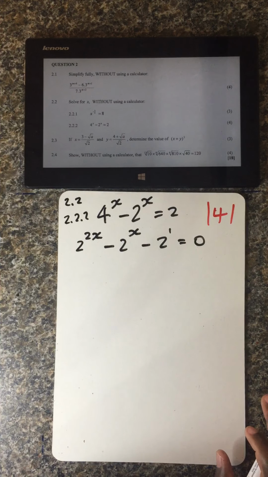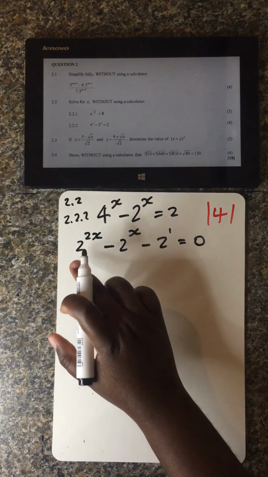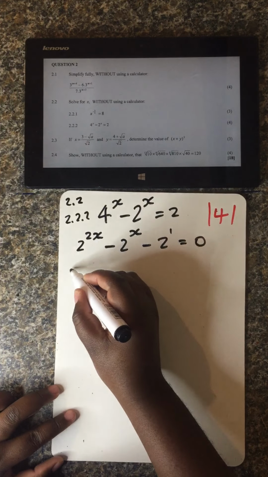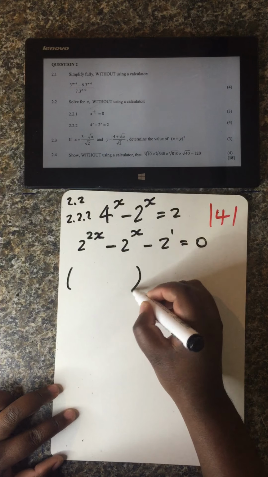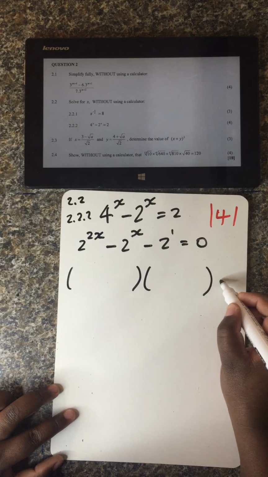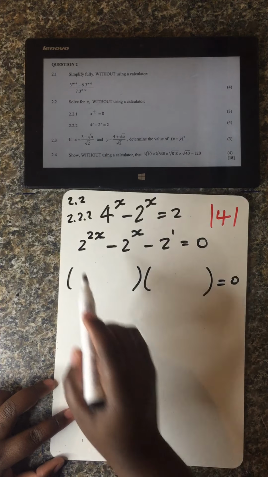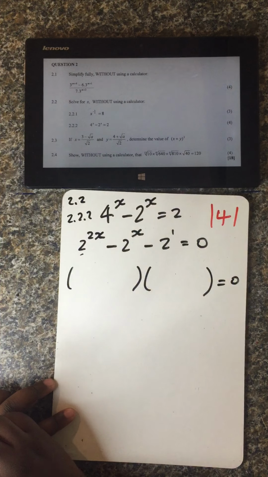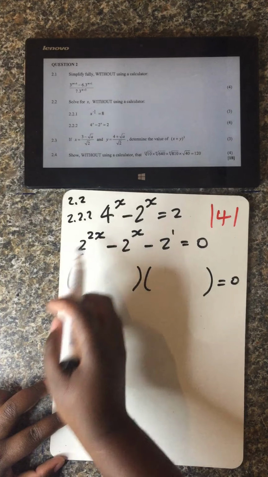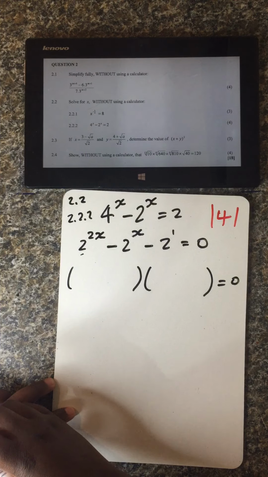It seems like we are now at that stage where we can try to factorize. But what matters the most in this case, you must make sure that whatever factors you get, they must take you back to that equation. So now let's try to come up with the factors that can give us that number when multiplied together.